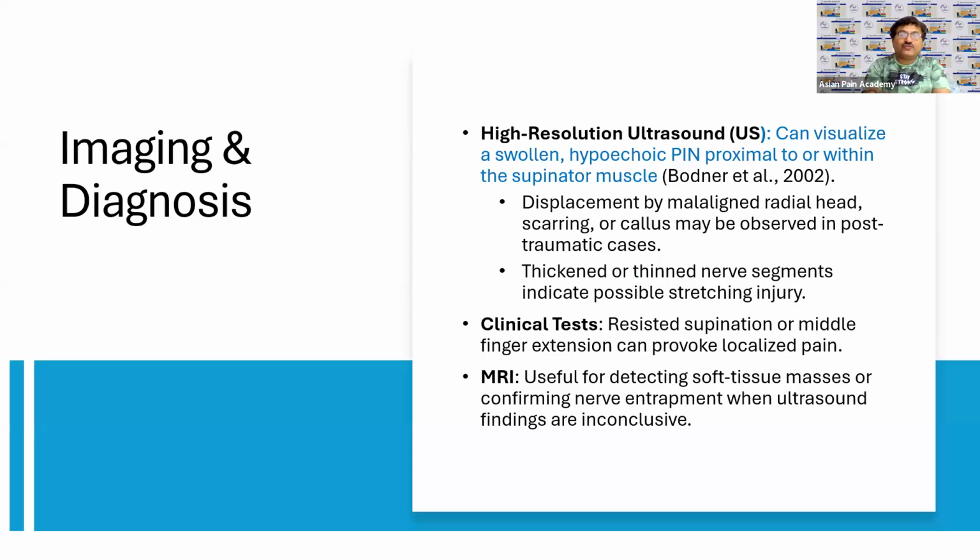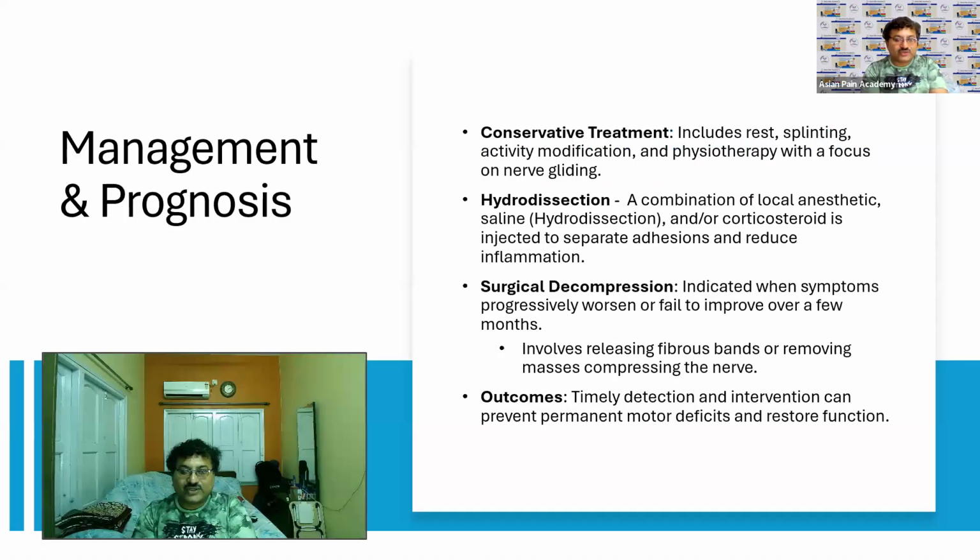If a cause can be found, for example a mass that is compressing, that can also be seen under ultrasound, and thickened or thin nerve segments also indicate possible stretching injury. Clinical tests are usually the resisted supination test or the middle finger extension test, and MRI is useful in detecting soft tissue masses and confirming nerve entrapment when ultrasound findings are not very clear.